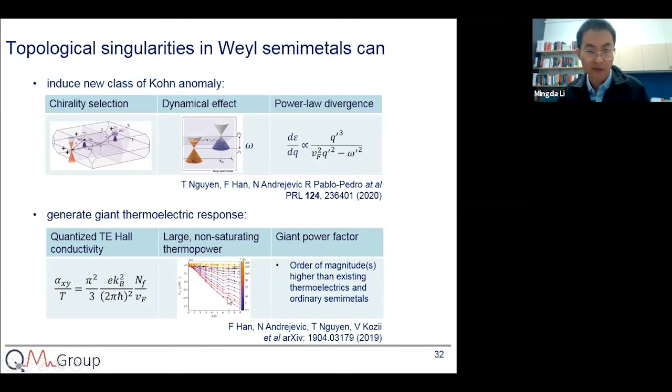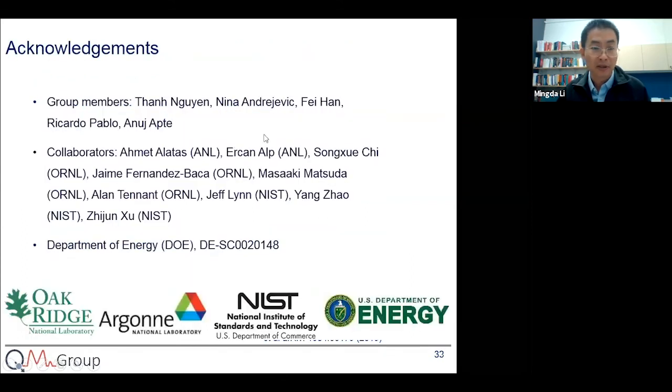And there is also a large, linearly proportional, non-saturating thermal power with magnetic field. And finally, just using the singularity, we can also generate high thermal power, an order of magnitude higher than reported materials.